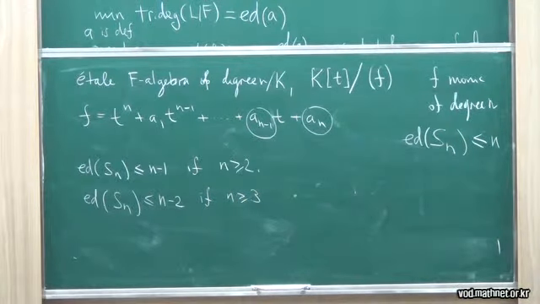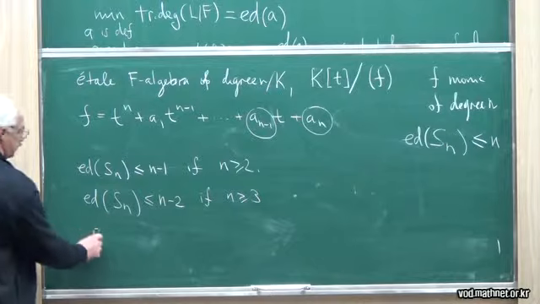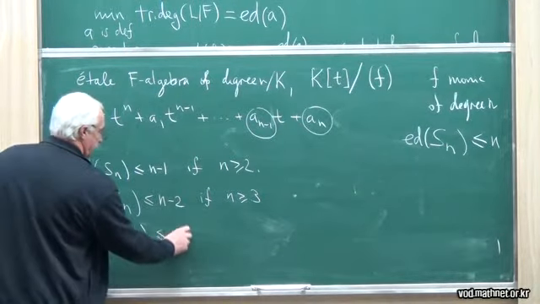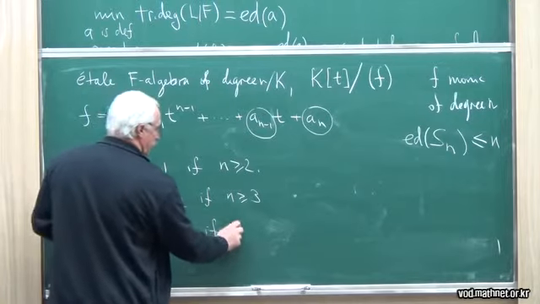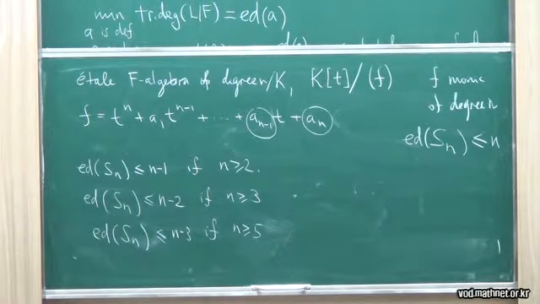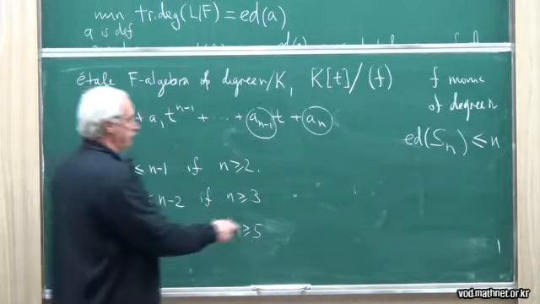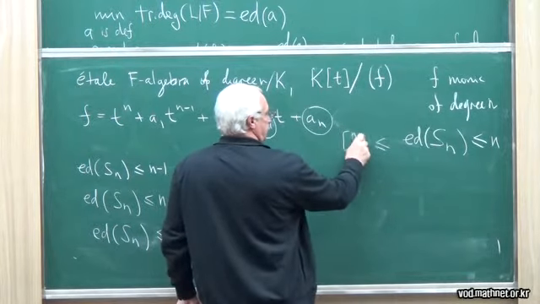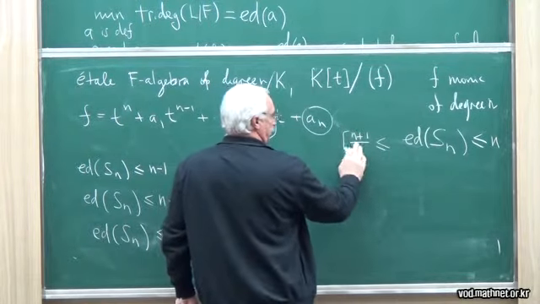And in fact, you can do another trick to see that the essential dimension of Sn is at most n minus 3 if n is at least 5. On the other hand, we have a lower bound that the essential dimension is always at least the integral part of (n plus 1) over 2.